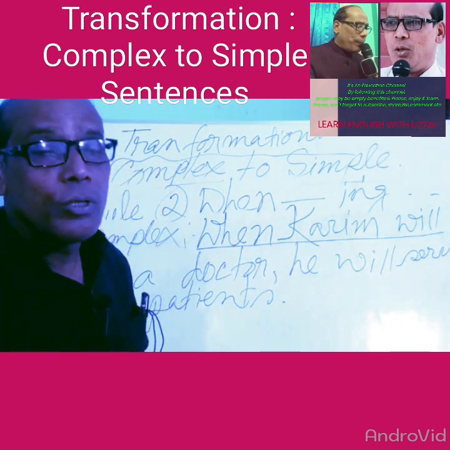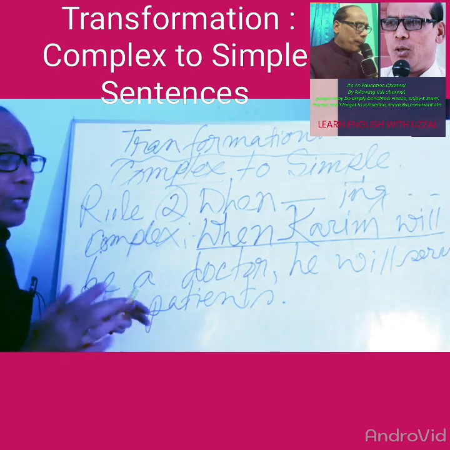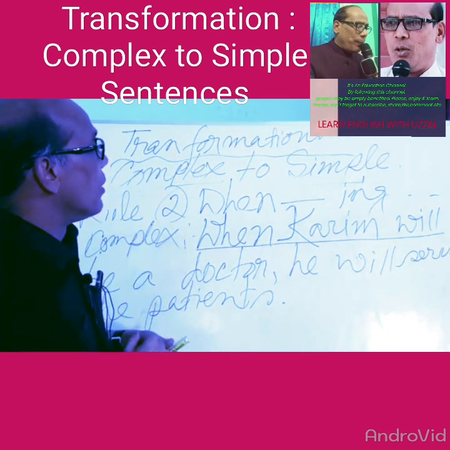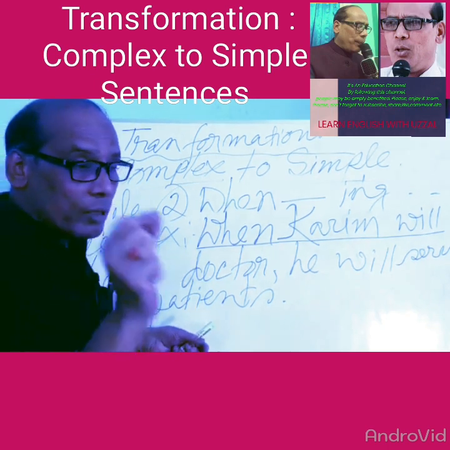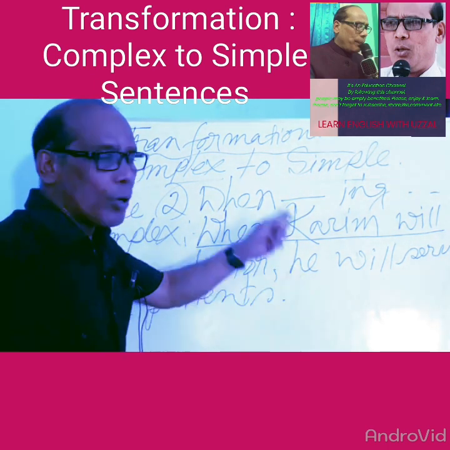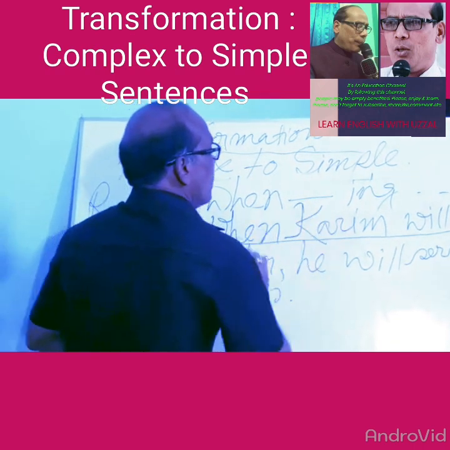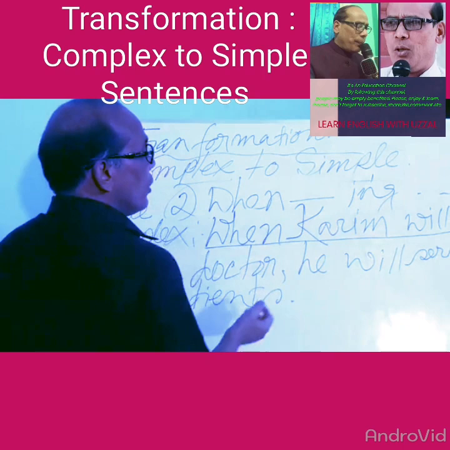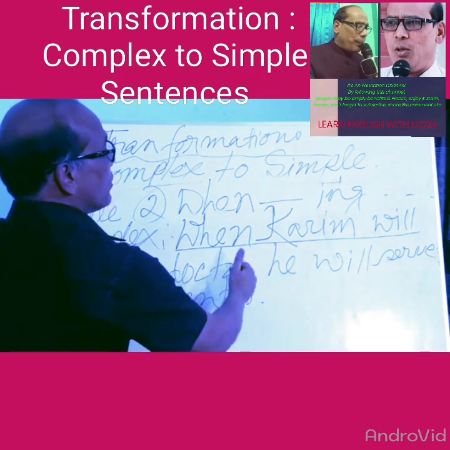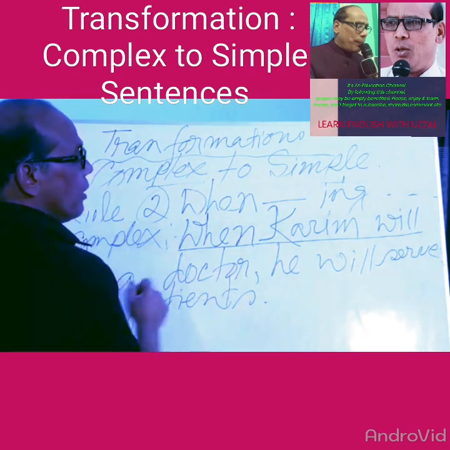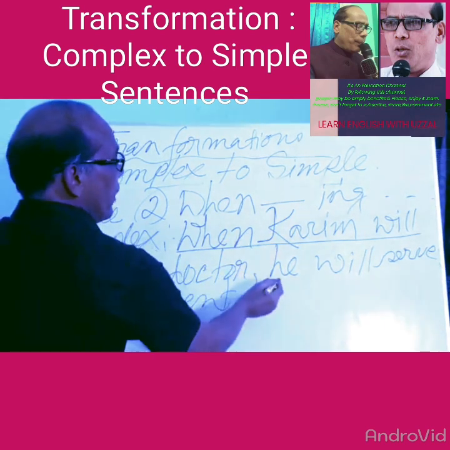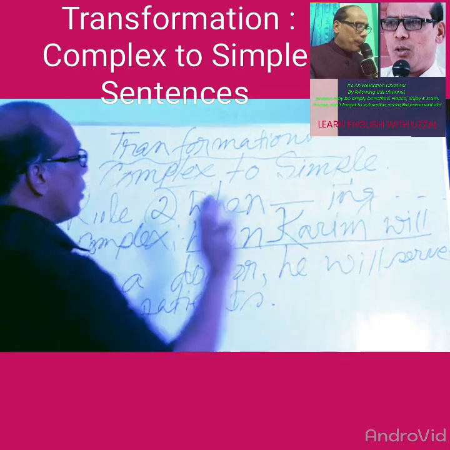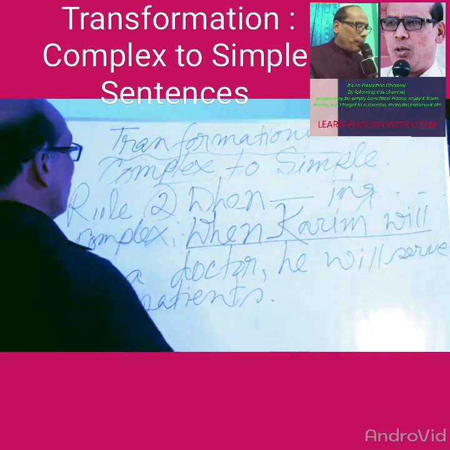So there is a rule: if we are to omit any subject, we'll have to omit the pronoun. So this noun is the main identity of he. As a result, Korim will replace he. Korim will come here and he will be omitted. This rule should be followed.